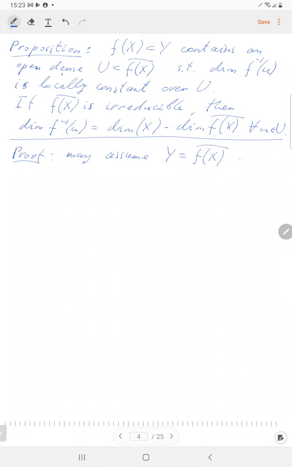We may assume that it's irreducible, affine, and X also irreducible and affine.